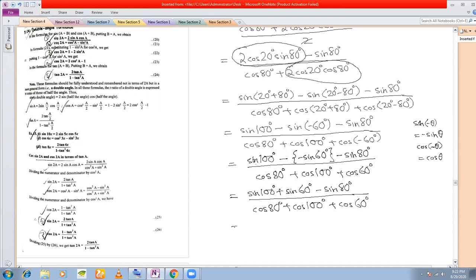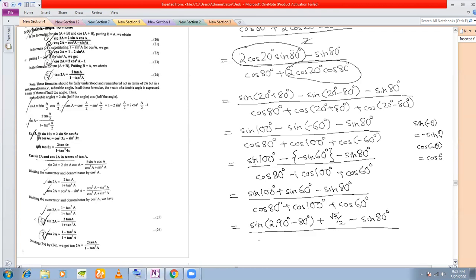Now see sin 100 and sin 80, these two are the same. Why? Because 100 can be written as 2 into 90 degree minus 80. This is from negative and associated angles. This one is in your second quadrant. Plus sin 60 is your root 3 by 2. Minus sin 80 degree.